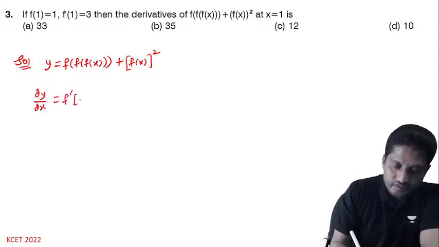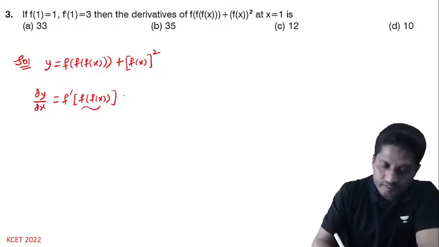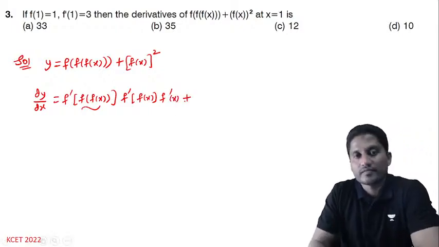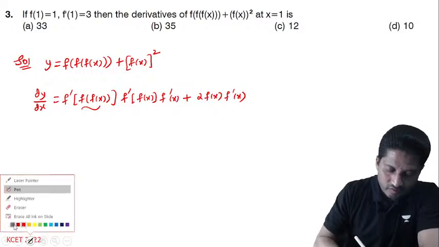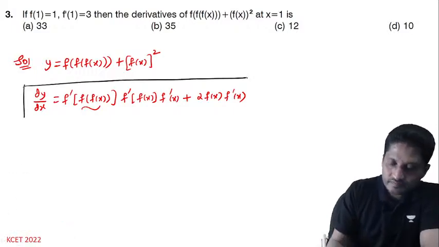Differentiation of f is f dash of f of x. Again differentiation of this f of x is f dash of f x. Again differentiation of f x is f dash. You understand guys, I'm just using chain rule. Differentiation of f x the whole square is 2 f x, and differentiation of f is f dash. Right, this is the value of dy by dx.